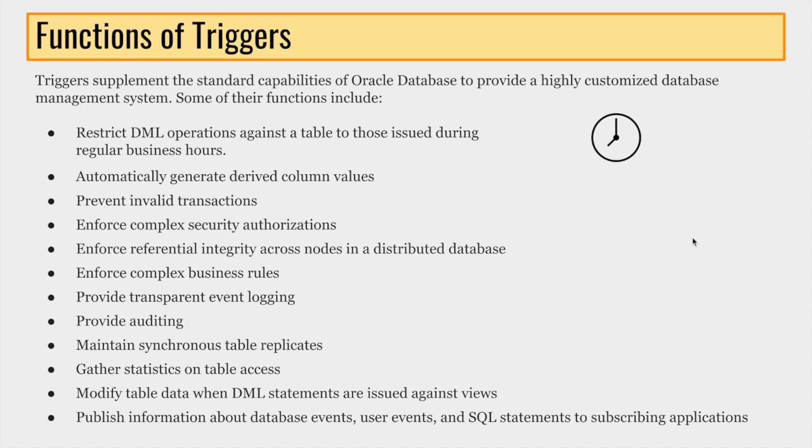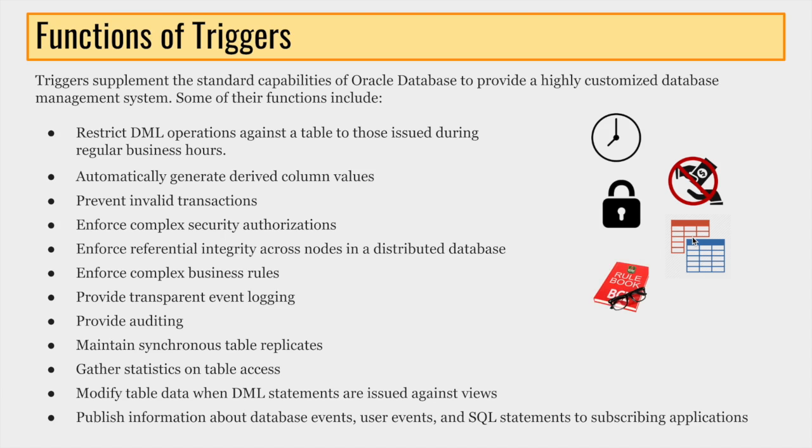Some other functions of triggers include automatically generating derived column values, preventing invalid transactions, enforcing complex security authorizations, referential integrity across nodes in a distributed database, and complex business rules.